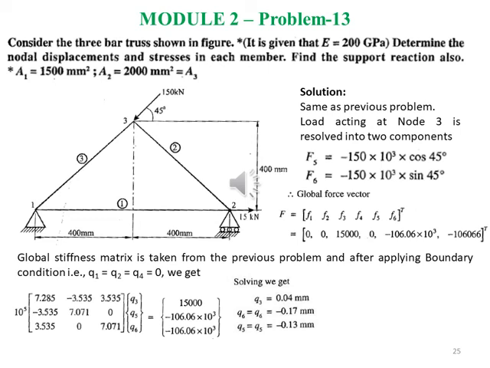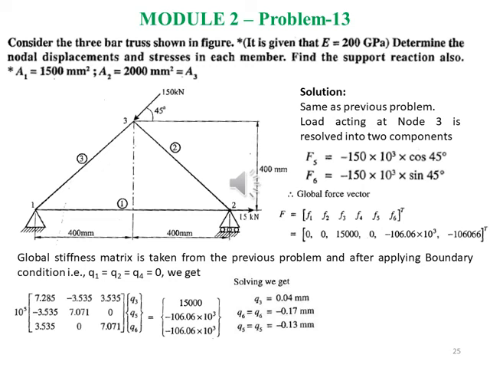F6 is the force acting in the y direction, F5 is the force acting in the x direction. So we get the values to be 106,066.